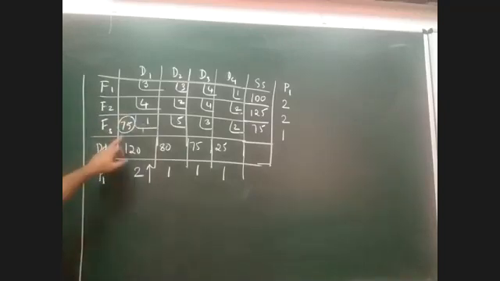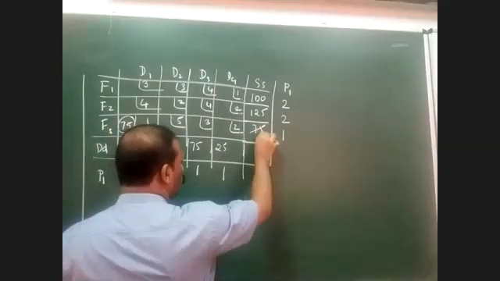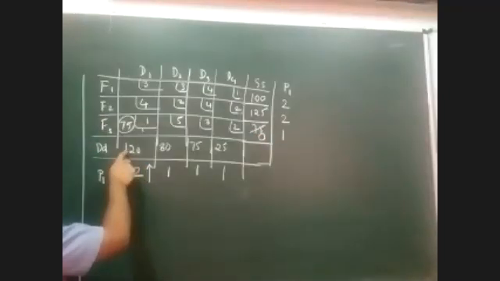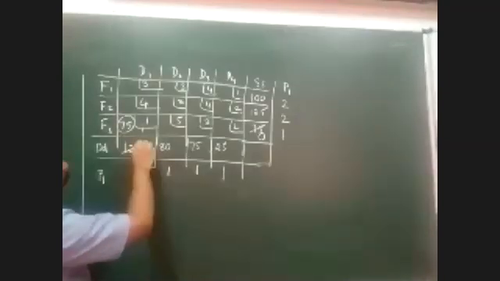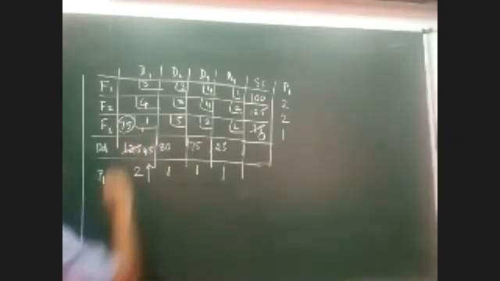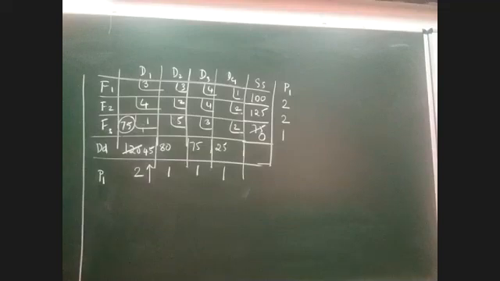If I am giving 75 as the allocation, then this will become 0 and I am supposed to subtract 75 from 120. So 120 minus 75 gives 45. Whichever row or column becomes completely 0 should be removed from further allocations.